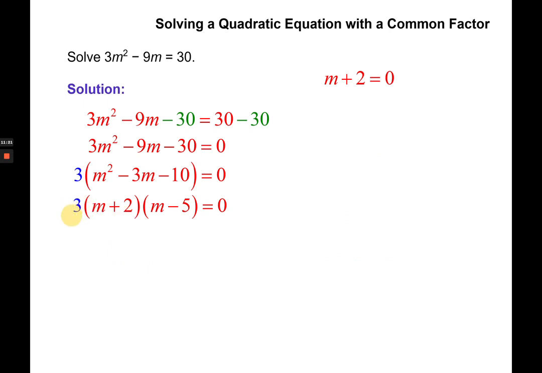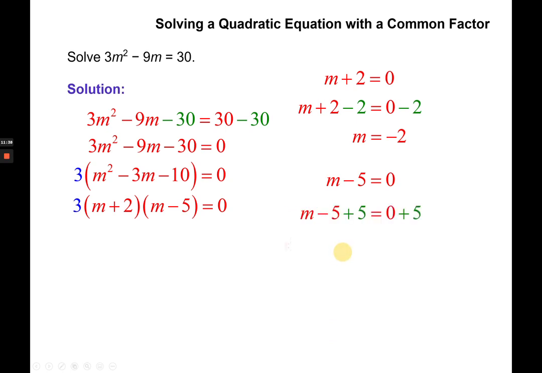We can already discard 3. I will explain later. So minus 2 on both sides, you found your first solution, negative 2. Your second part of the solution is m minus 5, and add 5 on both sides, and your second solution is positive 5. And we found your solution, negative 2 and positive 5.